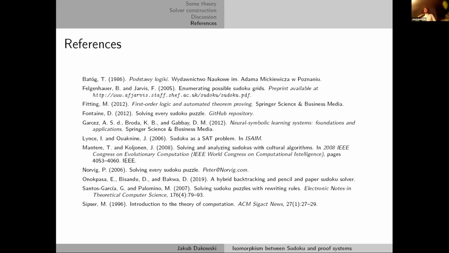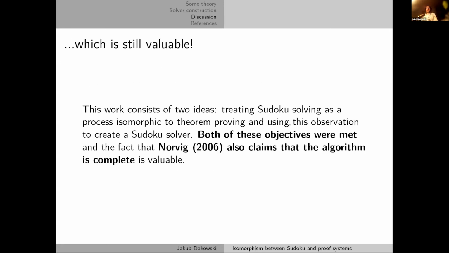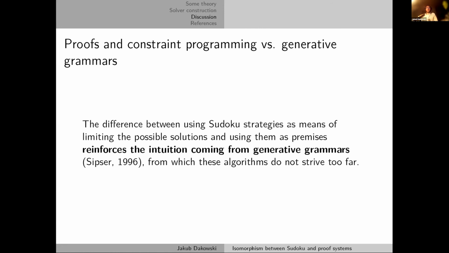So, in my opinion, the analogy with generative grammars is mostly this. First of all, both logic and constraint programming are really close to generative grammars, because both can be described using generative grammars, if I remember correctly.